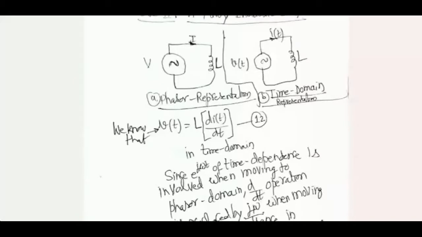If you take d by dt of e to the power j omega t, you get j omega multiplied by e to the power j omega t. E to the power j omega t is dropped because it's there, but we don't write it. So differential coefficient essentially means you multiply the value by j omega in frequency domain.